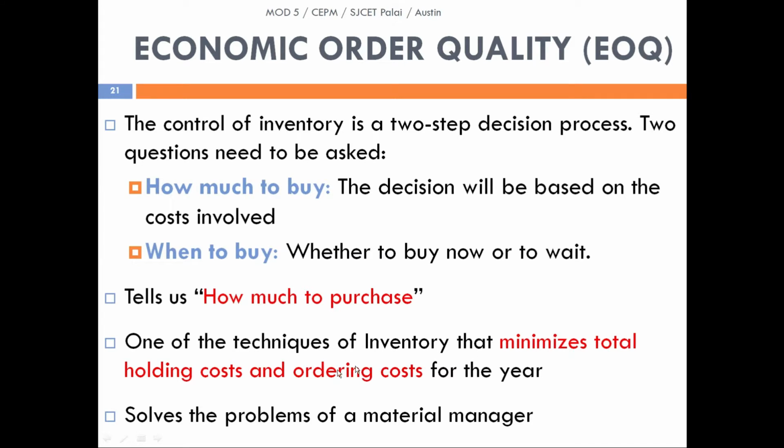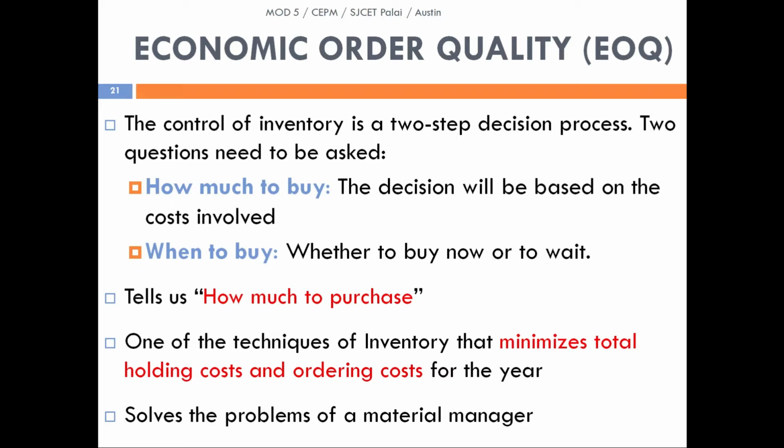It is one of the techniques for inventory that minimizes total holding cost and ordering cost for the year. It solves the problem of a material manager. As we have seen, one of the major issues dealing with material management is the amount of inventory that is to be stocked, whether the inventory is ample, less or more.